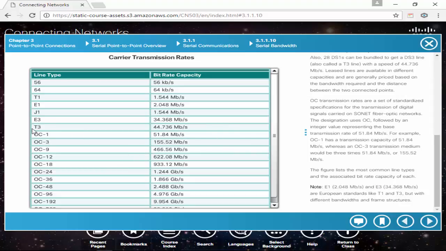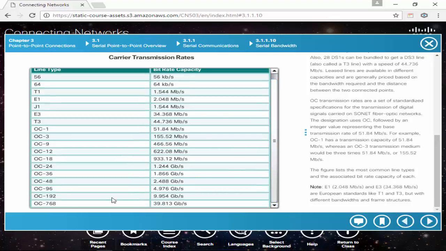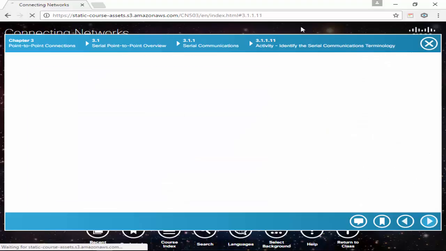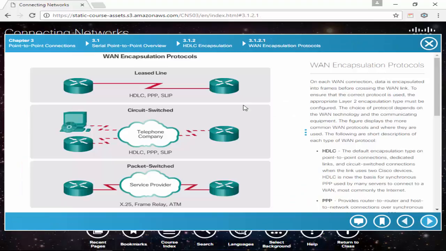Anyways, you can read about that there, but it's pretty interesting to see our different speeds. OC-768, 39.813 gigs. That's pretty nice. Oh yeah, and the opposite of T1 in Europe, they call them E, so E1, E3.